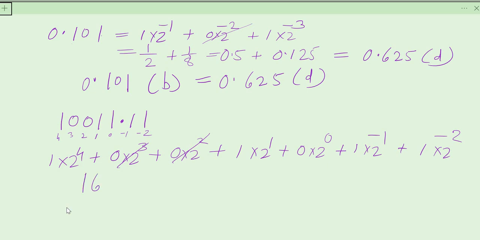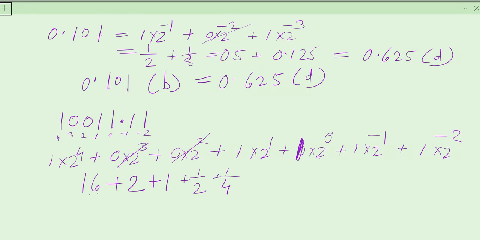So this is 16, plus 2, plus 1 into 2 raised to minus 1, that is 1 by 2, plus 1 by 4.